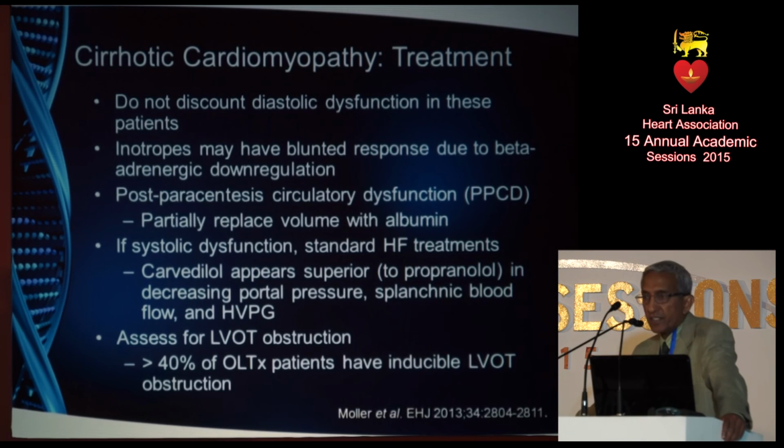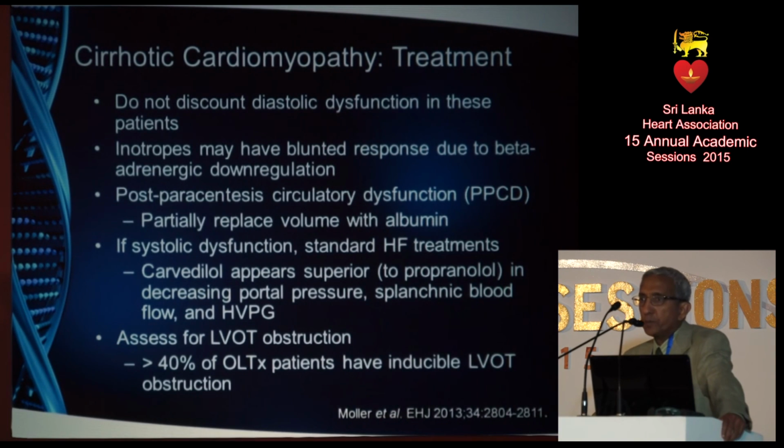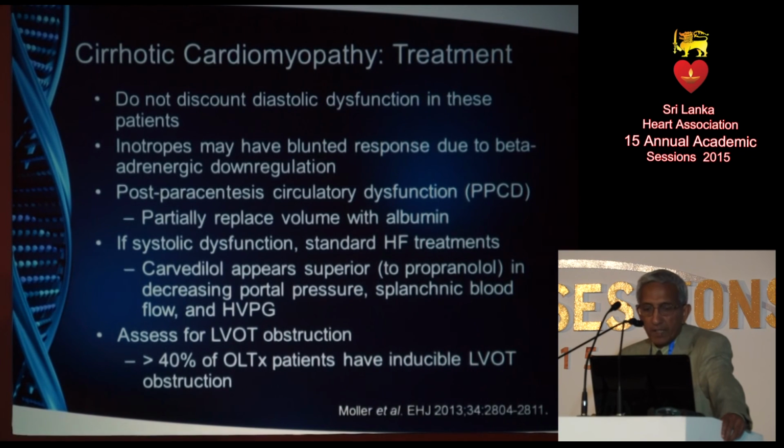Treatment-wise, do not discount any diastolic dysfunction in this group. Inotropes in this setting may have a blunted response due to the beta receptor downregulation. And in the post-paracentesis circulatory dysfunction, replacing volume may help.